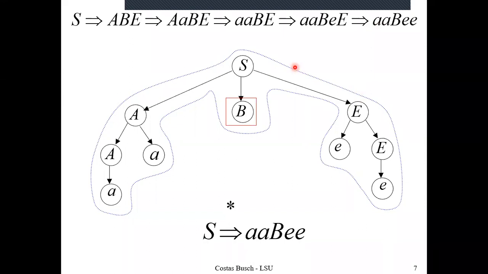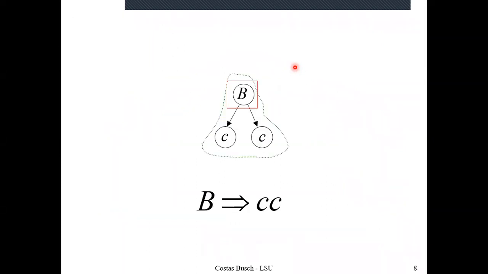And lastly, I had the inner subtree with me, which had the root as the variable B. And then there is a production in my grammar which says that B produces c square, and c square is the entire substring of the terminals.